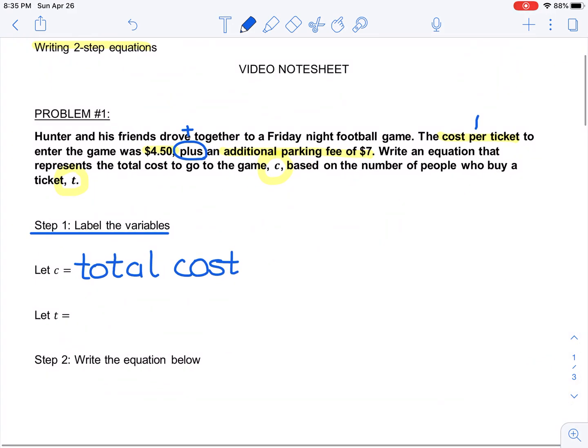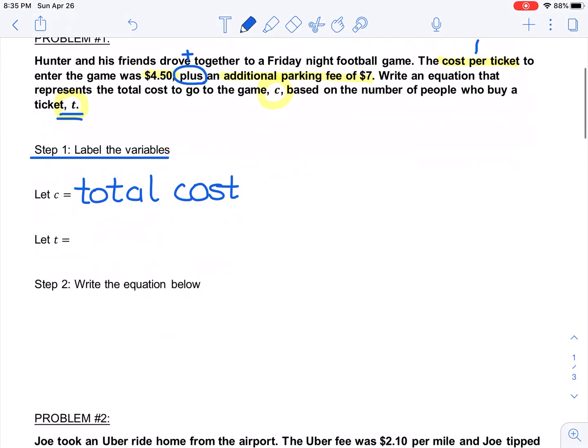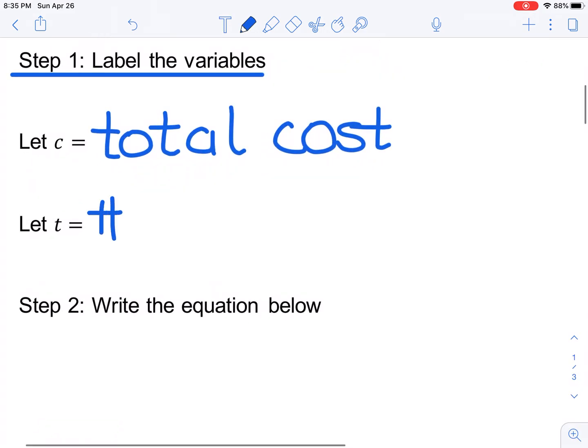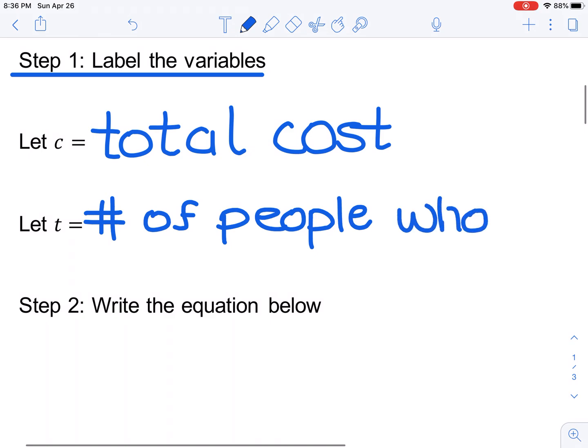And then T is right here. T represents the number of people who buy a ticket.